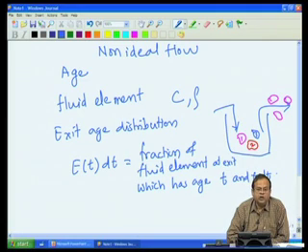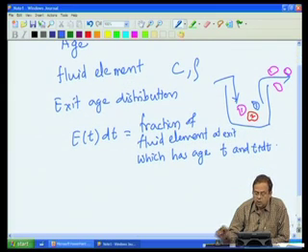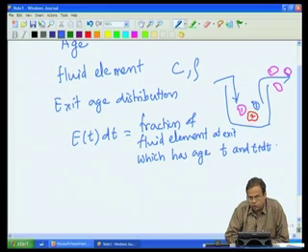So, E of t dt is the fraction of the fluid elements in the exit stream which has age between t and t plus dt. This is how I define my exit age distribution. We will take an example a little later on, but first let us go through some of these definitions, so that we can look at the example all together.